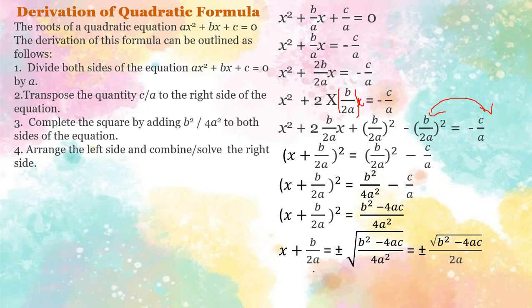So x plus b upon 2a equals, on taking the square root of the right hand side quantity, plus or minus square root of b square minus 4ac upon 4a square.